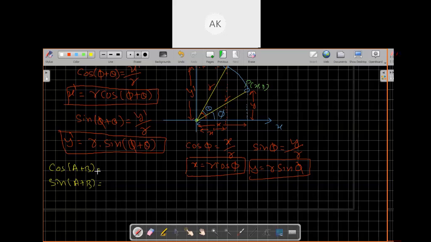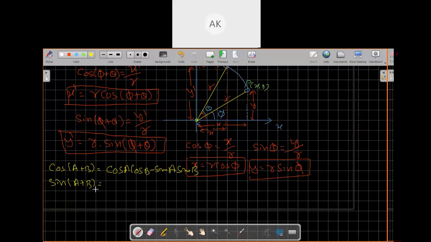So we have calculated our x dash and y dash in the form of sine and cos. Now again, simplify this. We have just rotated our object with a certain angle, which is theta. We have not been given the value of this phi. So we have to remove this phi.